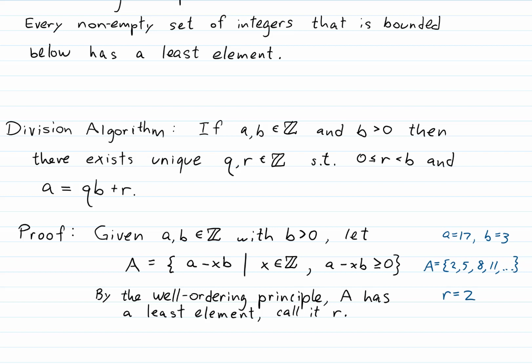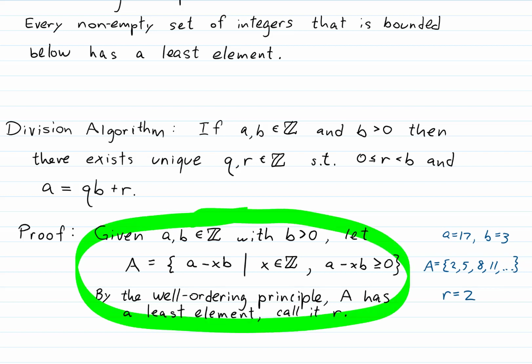But over here, I just have variables. I don't have any numbers. I can't look at this and say, oh, here's the least element, I see it, because I don't. Okay, so I need some sort of reasoning for me to claim that I know there's a least element there. And that's what the well ordering principle does for us.